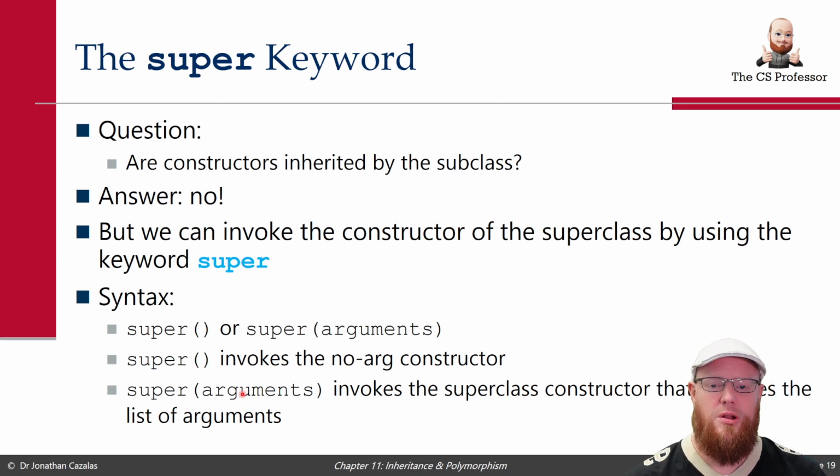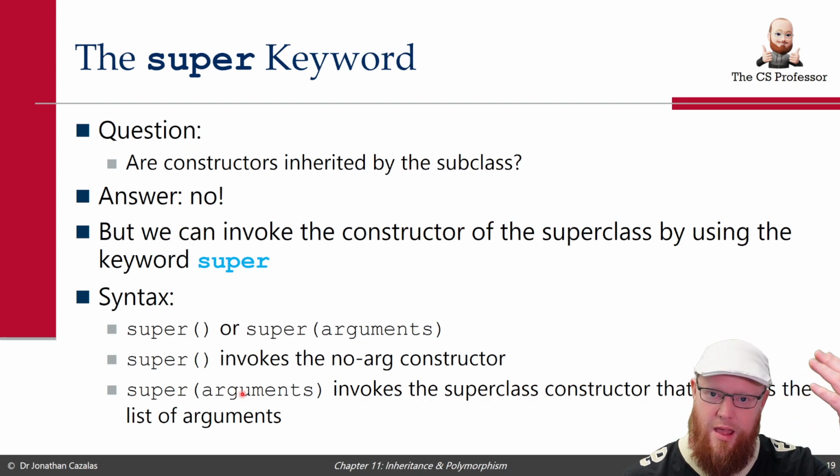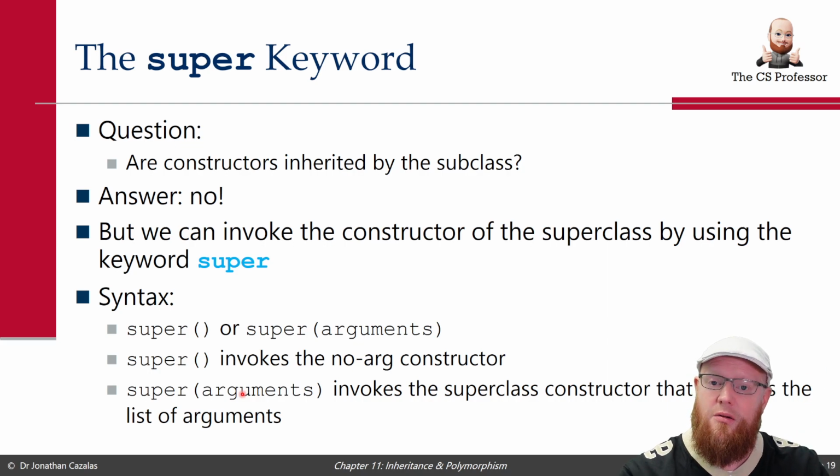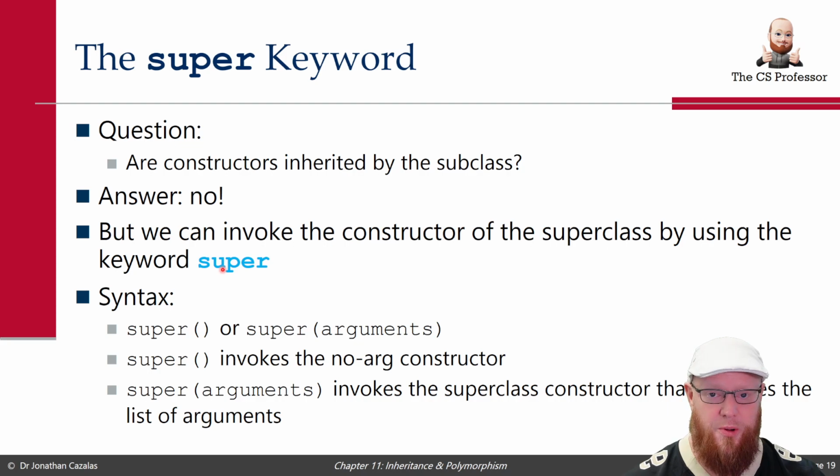How, therefore, do we invoke a constructor of our parent? If you have a child class that is extending and inheriting from a parent class, how do we invoke that parent constructor? The answer is by using the keyword super. If the parent has a no argument constructor, we would use the keyword super with no parameters. This will call that parent no argument constructor.